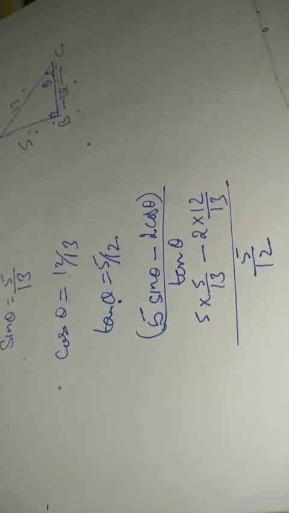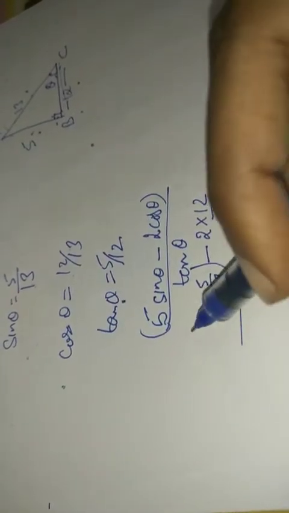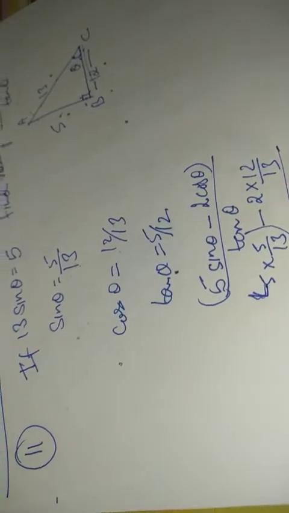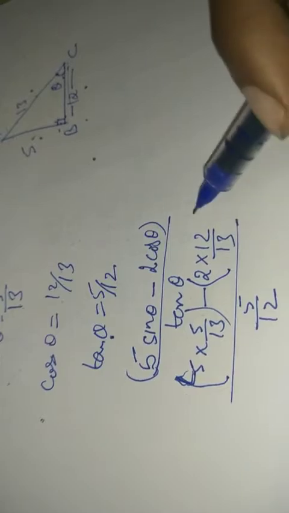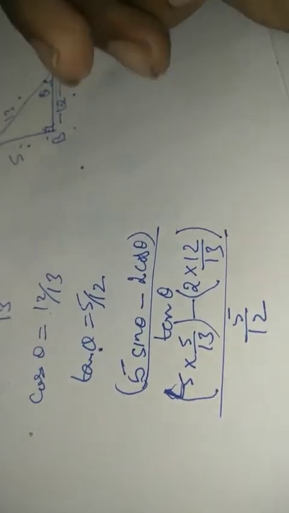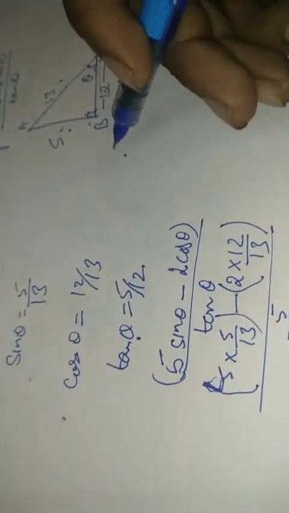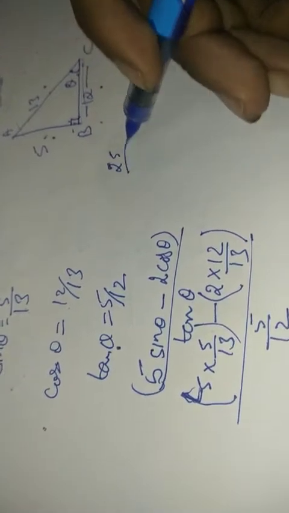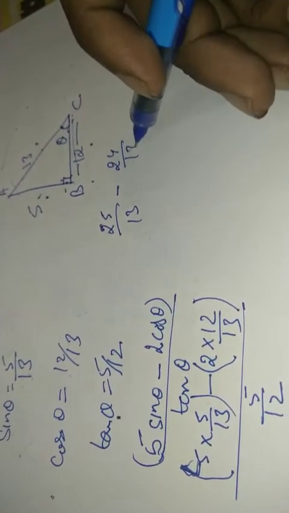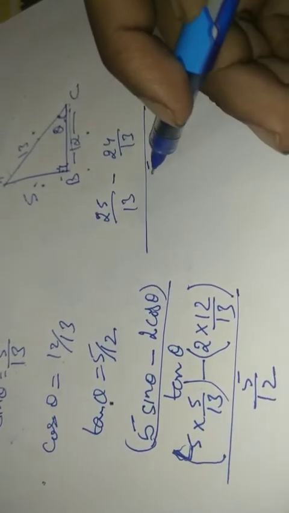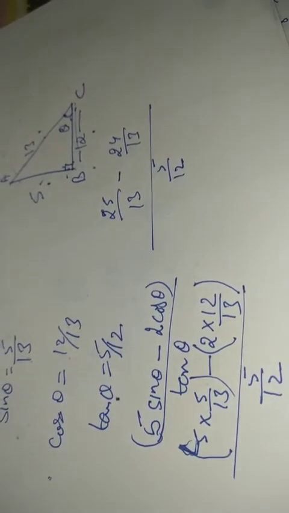Now in the numerator, first of all solve this. Solving the first bracket, 5 into 5 will give us 25 by 13, minus the second bracket will give us 24 by 13, whole upon 5 by 12.